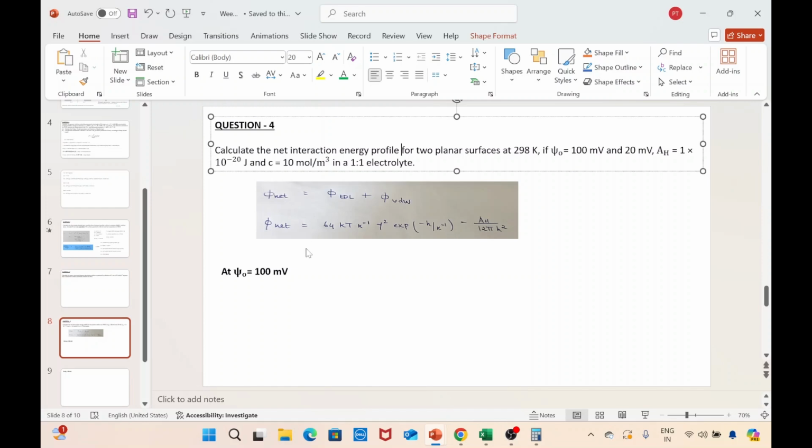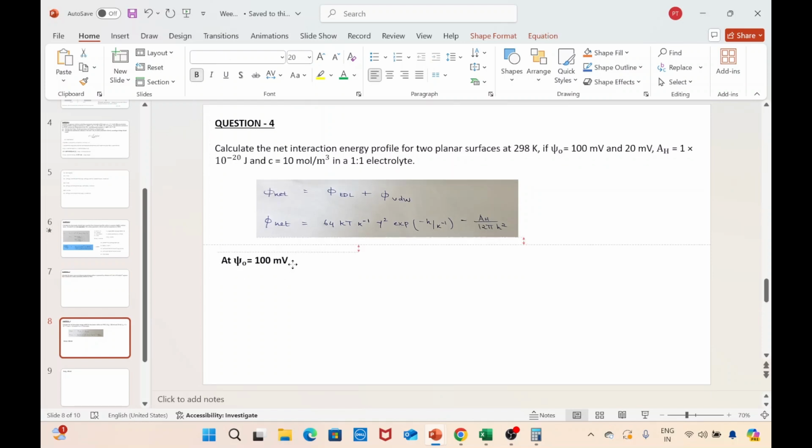So we first write the expression in terms of the separation distance h for both cases. Then we vary the value and find how the interaction energy varies with distance. We need to see the profile.